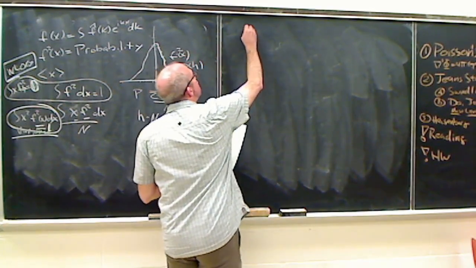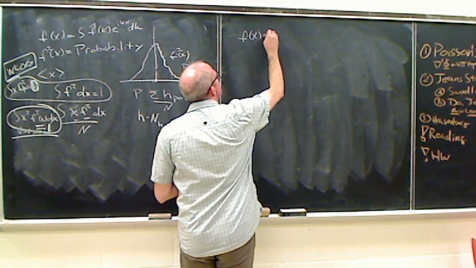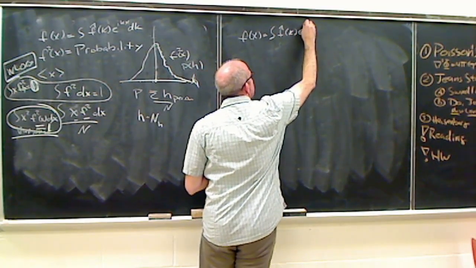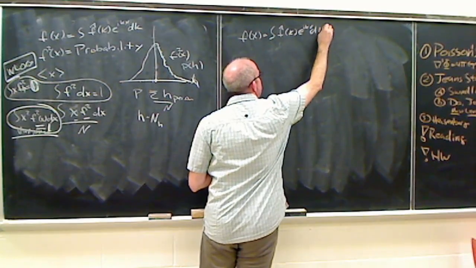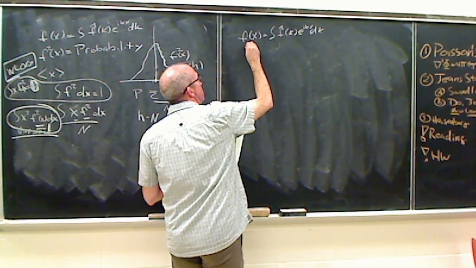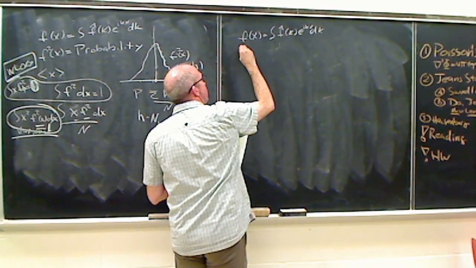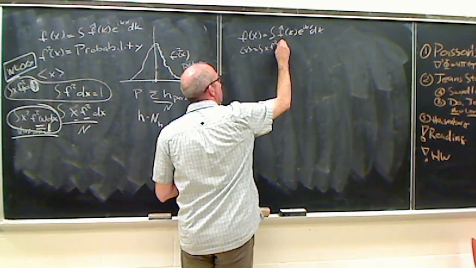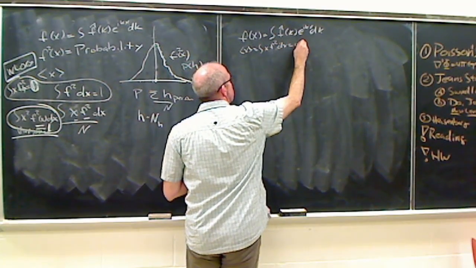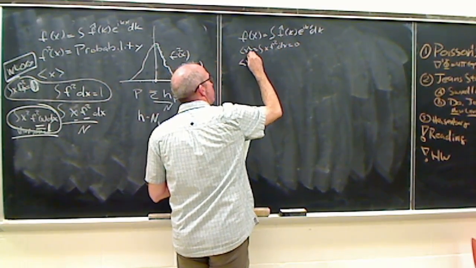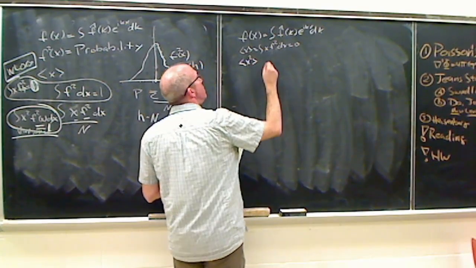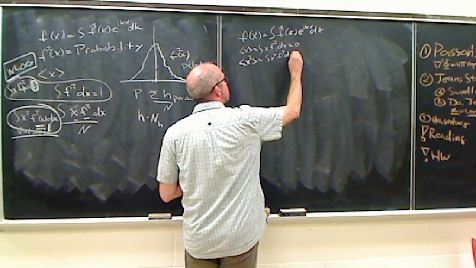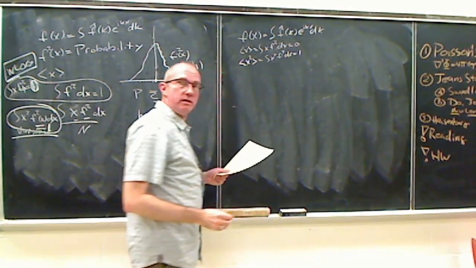So f of x equals the integral of f hat of k e to the ikx dk, and we're going to assume that the average of x, which is the integral of x f squared dx, equals 0, and the variance of x, which is the average of x squared, is equal to the integral of x squared f squared dx, equals 1.